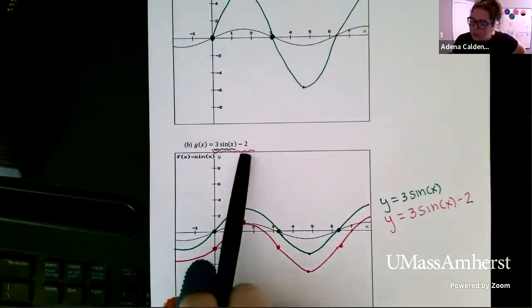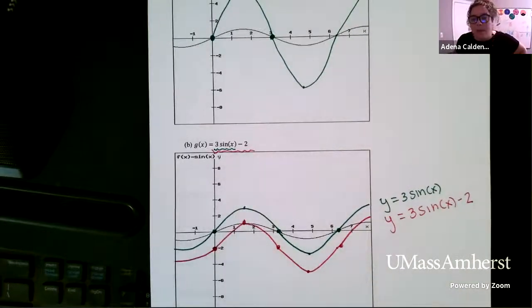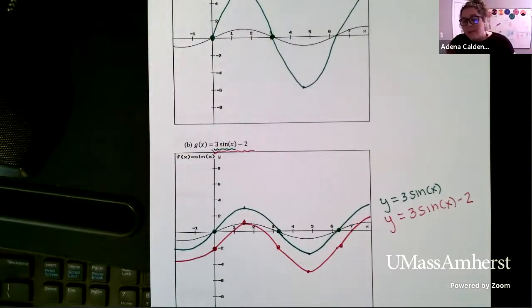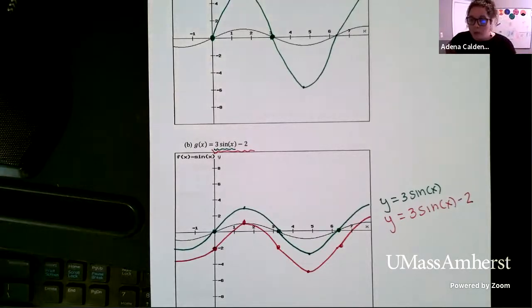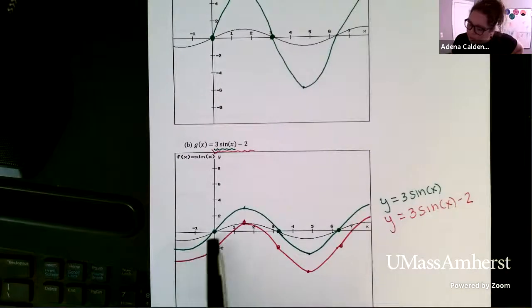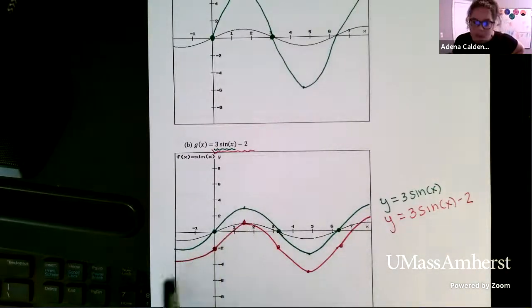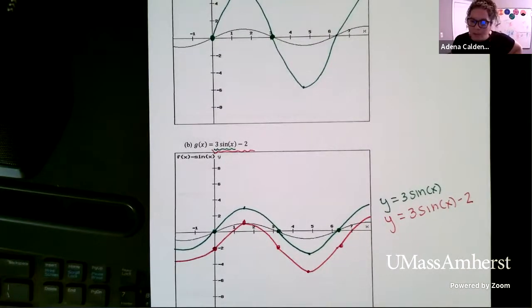When you add or subtract a number outside of the function, it moves the function either up or down. So if you subtract, that means you're going to move your entire function down 2 units. So after I stretched by 3, I had to move every single value down by 2 units. The way that I did this is I took my known values.